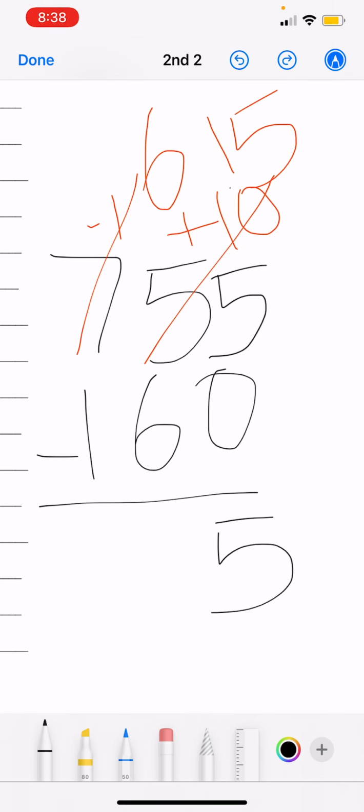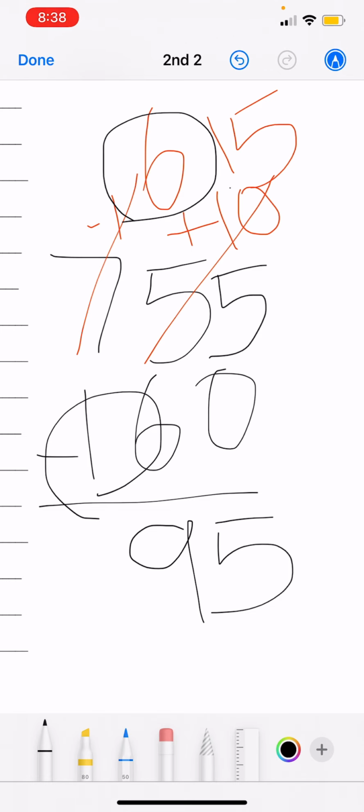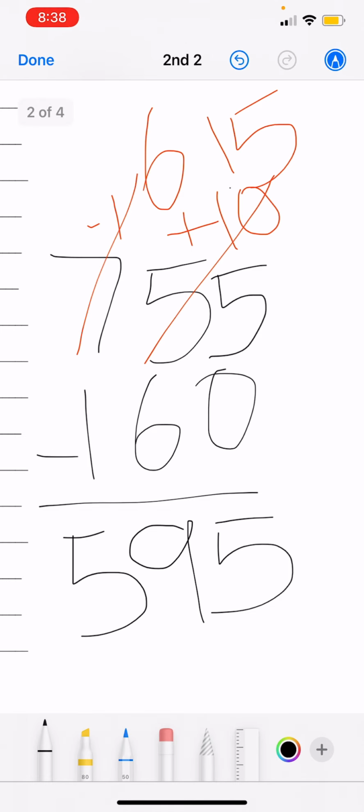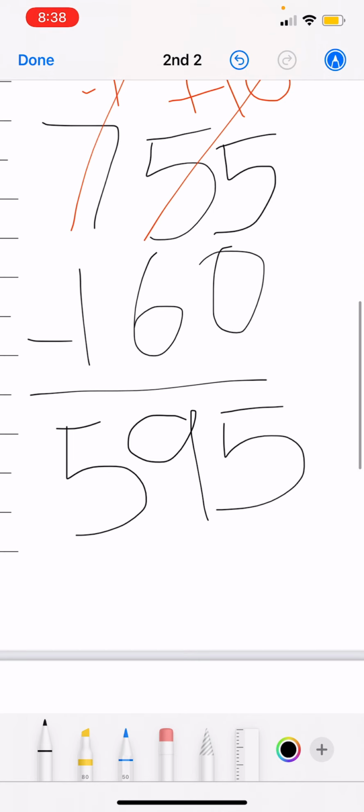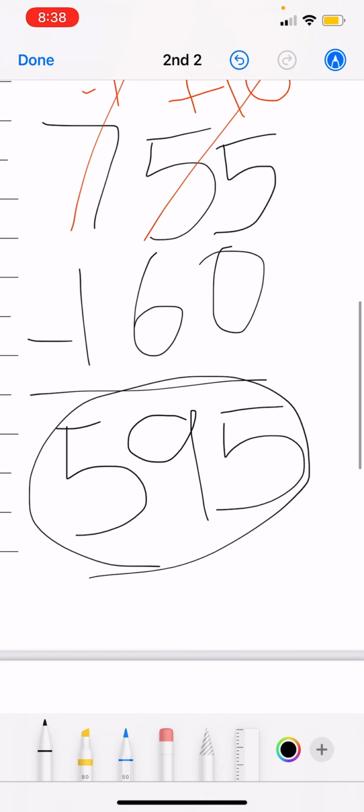I want you guys to think about it a little bit. Okay, it's 9. 15 minus 6 is 9. Okay, then our last step, which is 6 minus 1, that is 5. So, boom, we got our answer, 595.